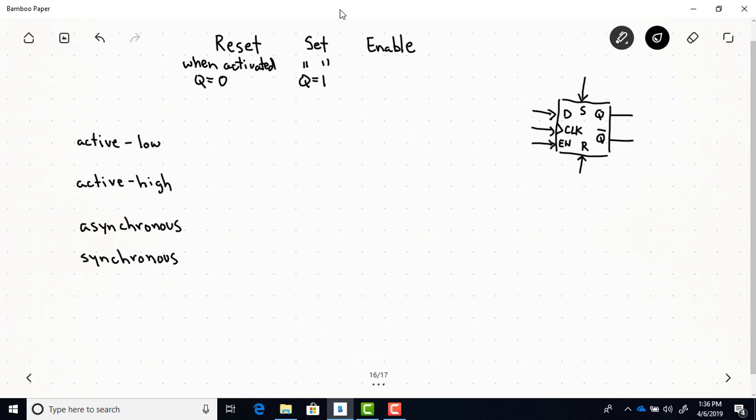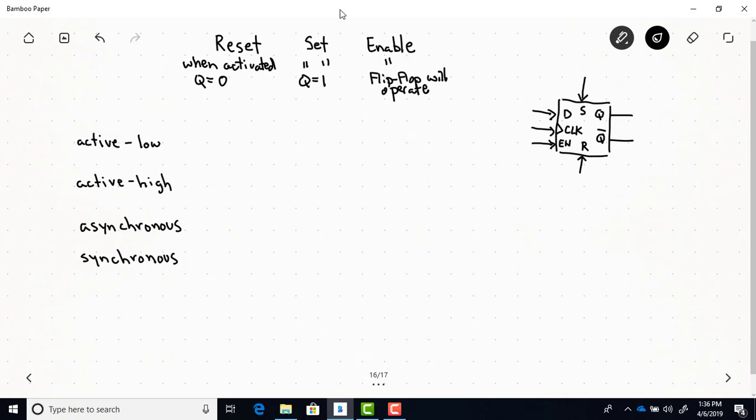Now enable is another input that you sometimes see on a flip-flop, and when the enable is activated, the flip-flop will operate. But if the enable is not activated, the flip-flop isn't going to do anything.